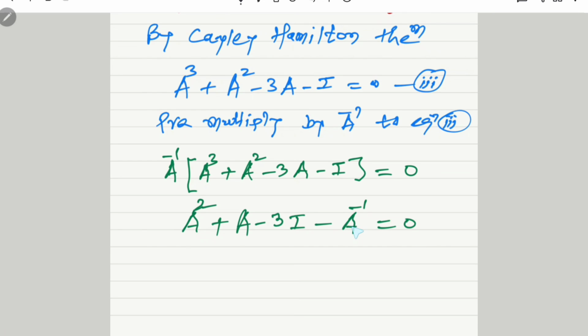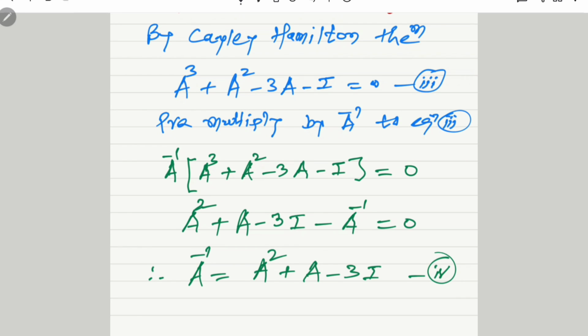And then solving it for A inverse, transferring this term to the right hand side, we get A inverse as A square plus A minus 3I. We call this equation number 4.